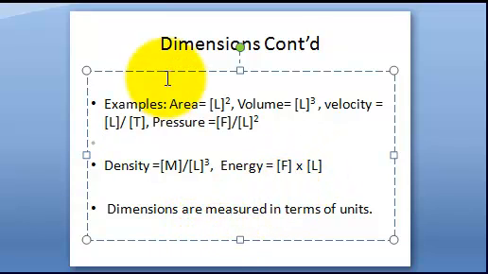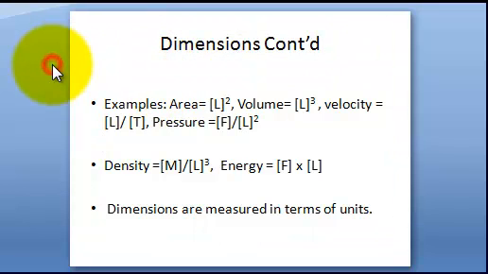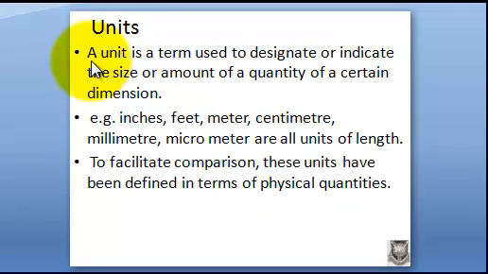Dimensions are measured in units. A unit is a term used to designate or indicate the size or amount of a quantity of a certain dimension. Examples include inches, feet, meter, centimeter, millimeter, micrometer.